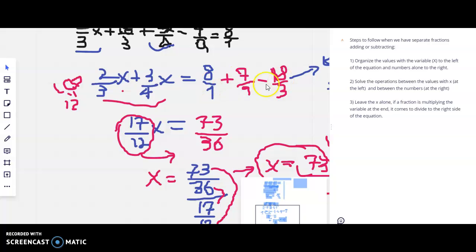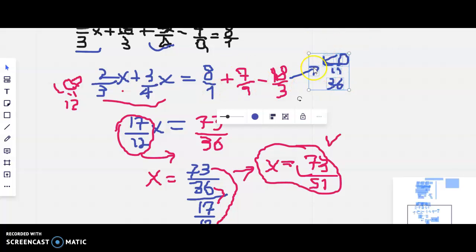We solve these operations by finding first the LCD, which was 36, and finally we use the extremes and means property. So we multiply 73 times 12 and 36 times 17. We simplify and we got the answer.